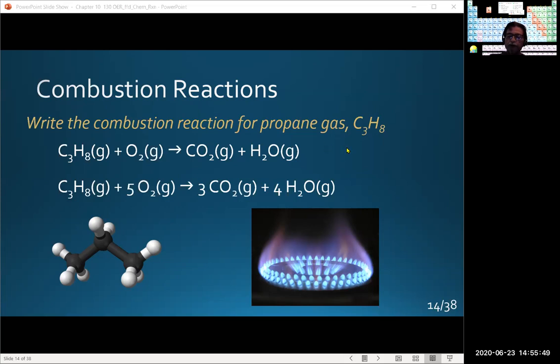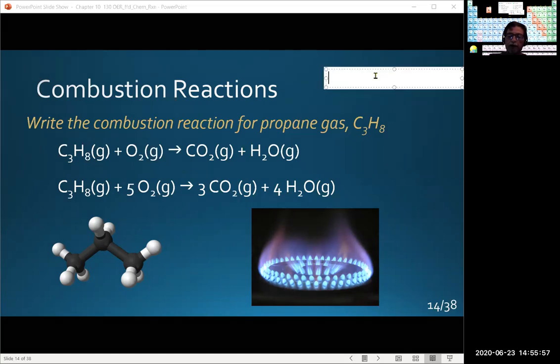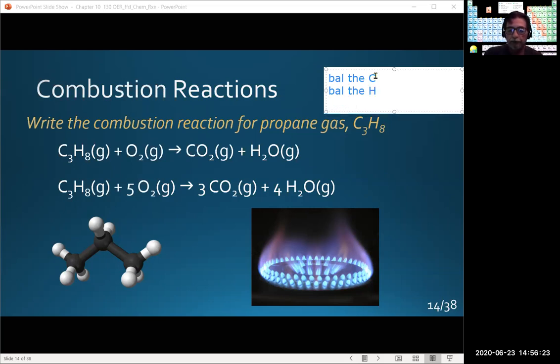Now, here are some rules to balance combustion reactions. That's a little guideline. So there's an order of balancing. First, balance the carbons, then balance the hydrogens, and then balance the oxygens.